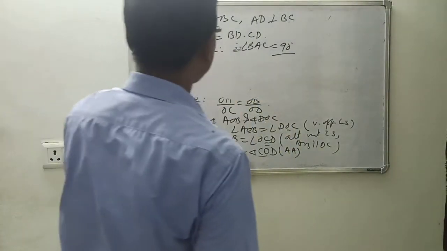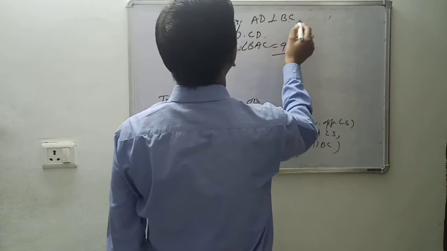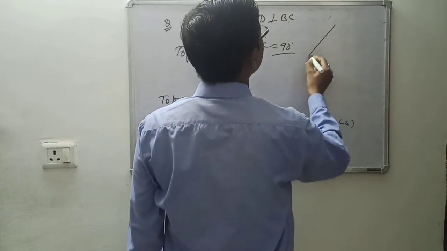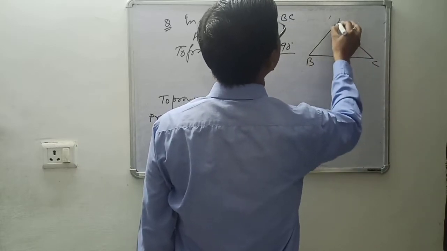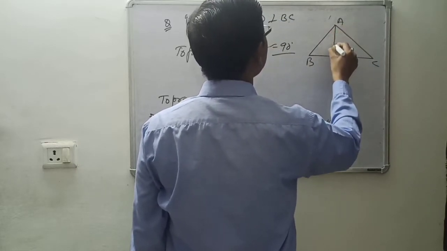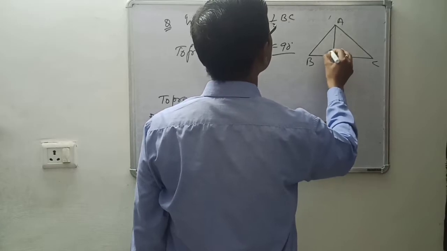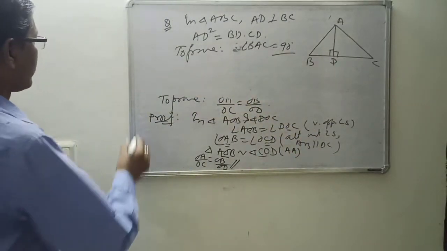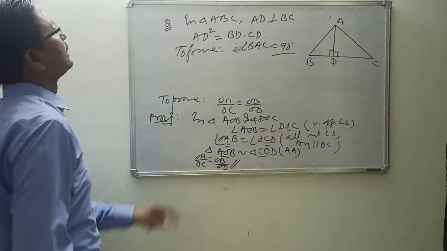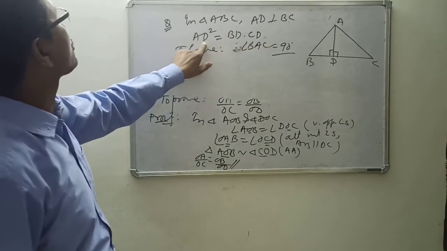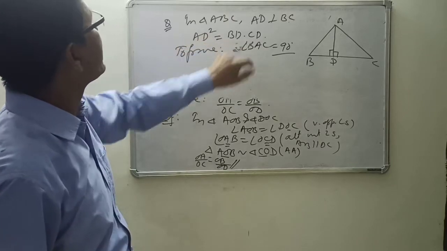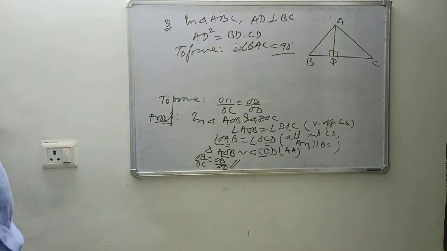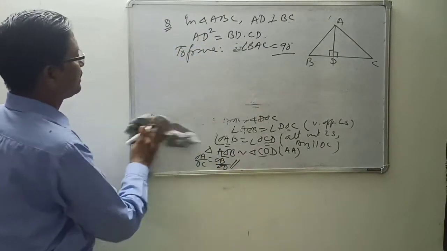From the given condition, in triangle ABC, AD is perpendicular to BC. Suppose it is perpendicular on BC, that's why BC will be the base, A there. It is given to you AD perpendicular to BC. So here, that's very important. AD square equal to BD into CD means what? You have to select two triangles.